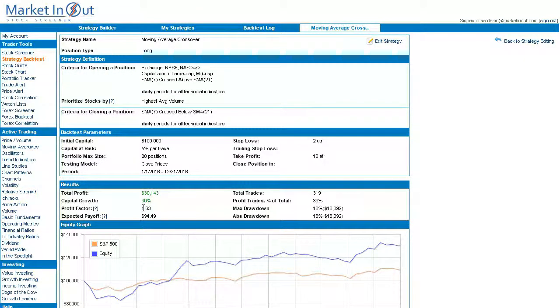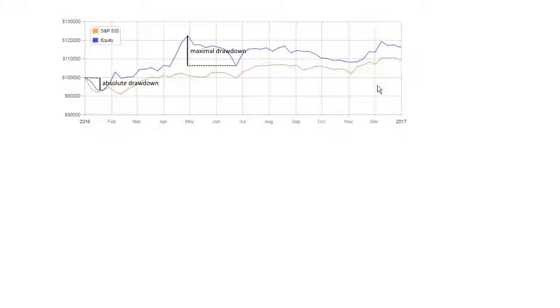This report also shows maximal drawdown and absolute drawdown recordings. Drawdown is another important characteristic as it helps to determine an investment's financial risk. Let's switch to the image that demonstrates maximal drawdown and absolute drawdown.